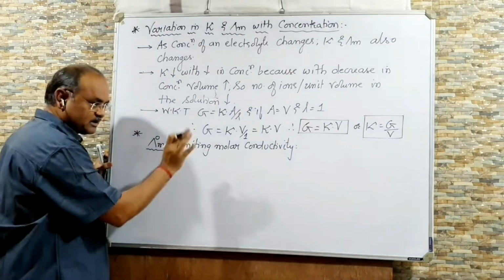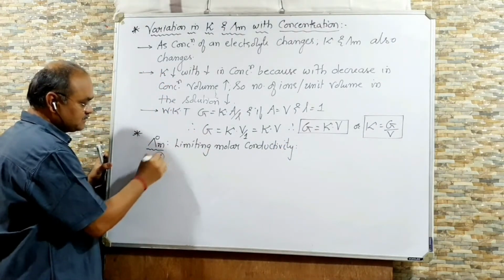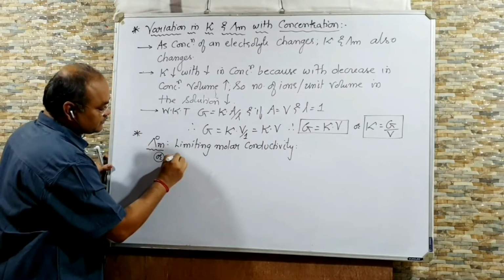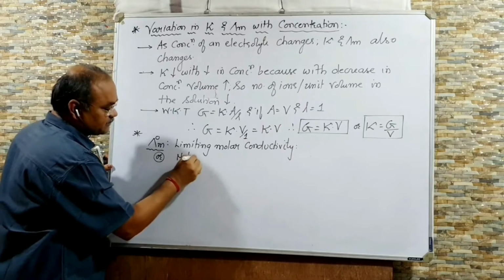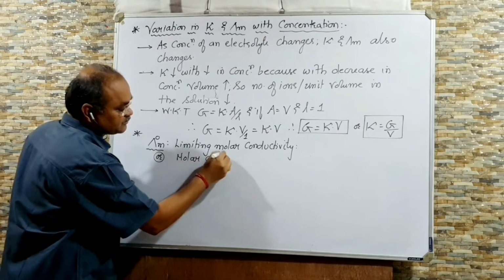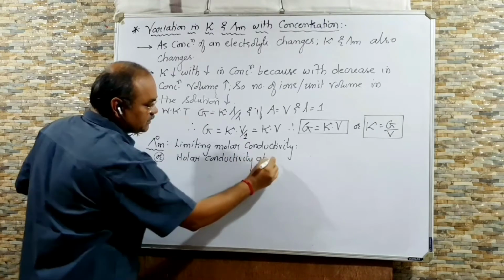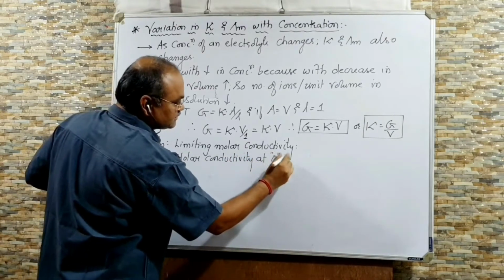Why limiting molar conductivity? I will tell you. Another name of lambda 0 m is molar conductivity at zero concentration.